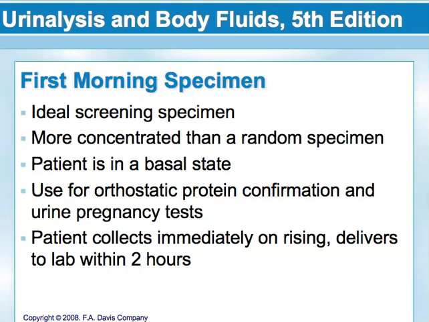This type of sample is important in preventing false negative pregnancy tests, and it's also important in evaluating orthostatic proteinuria, which is a condition where increased protein is seen in urine only when the patient is in an upright position.